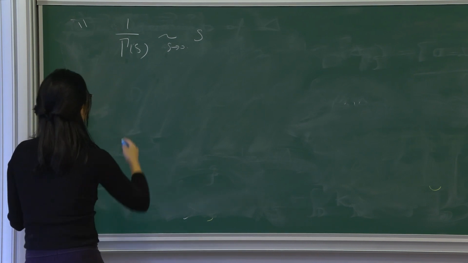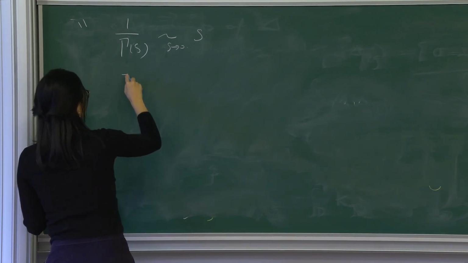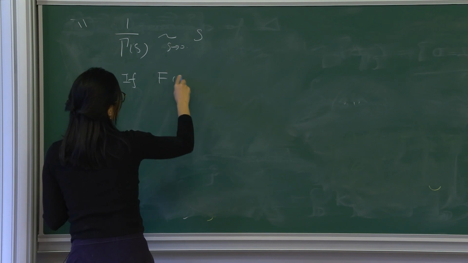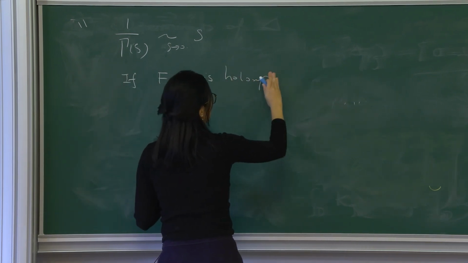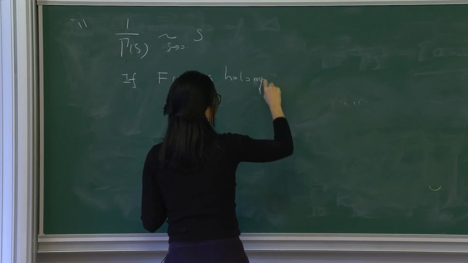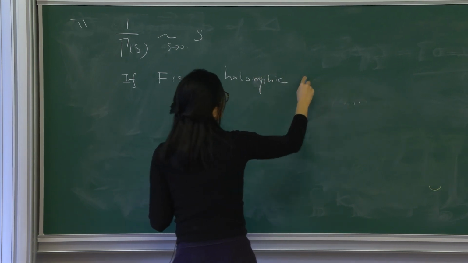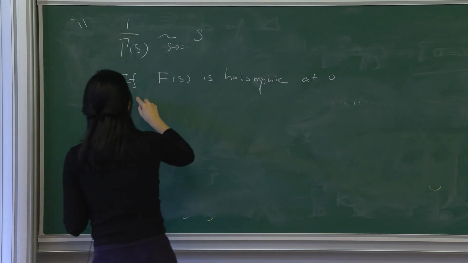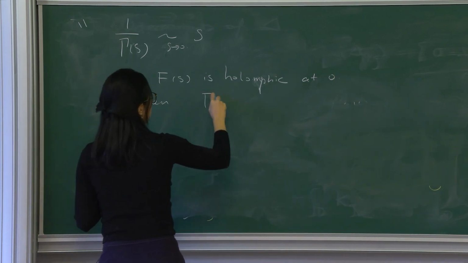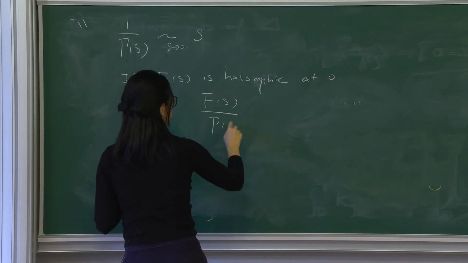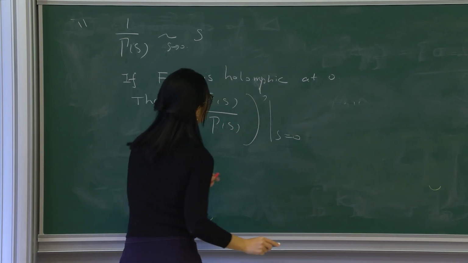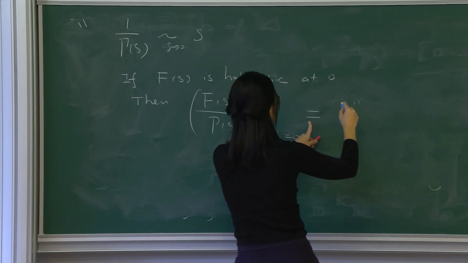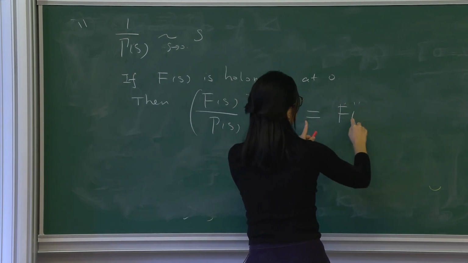So if a function f of s is holomorphic at 0, then taking the derivative at s equal to 0 of f of s divided by gamma of s, what you get is just f of 0.